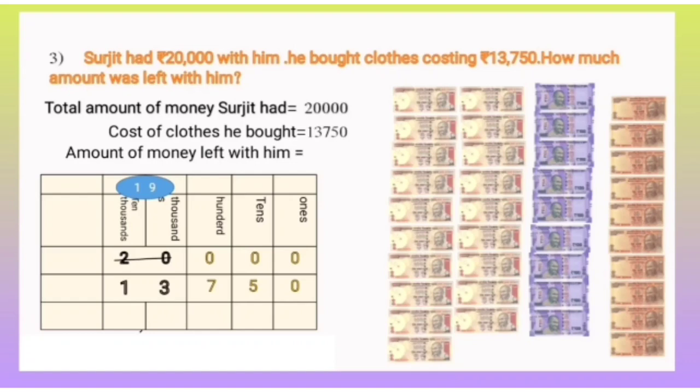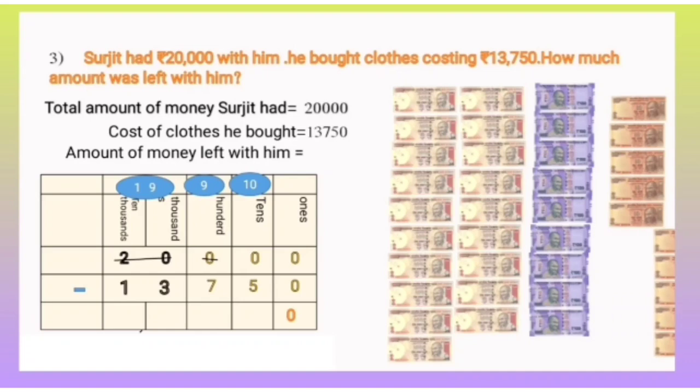And tens will become 10. Now we'll subtract 13,750. Since 0 ones are there, so we'll write 0 in ones column. Now remove 5 ten rupee notes. So as 5 ten rupee notes are remaining, we'll write 5 in tens column.